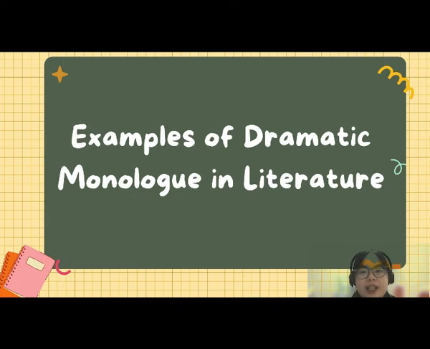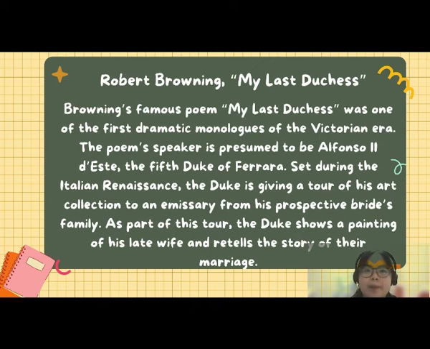Okay, let's proceed to the examples of dramatic monologue in literature. One good example of dramatic monologue in a poem is Robert Browning's My Last Duchess. Browning's famous poem, My Last Duchess, was one of the first dramatic monologues of the Victorian era.